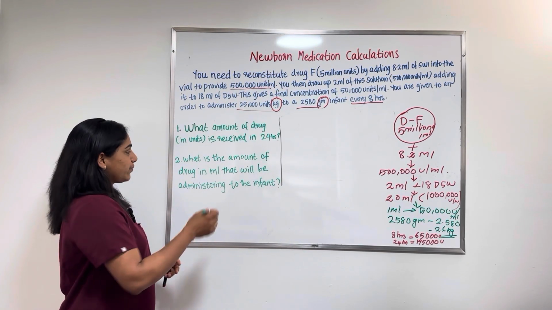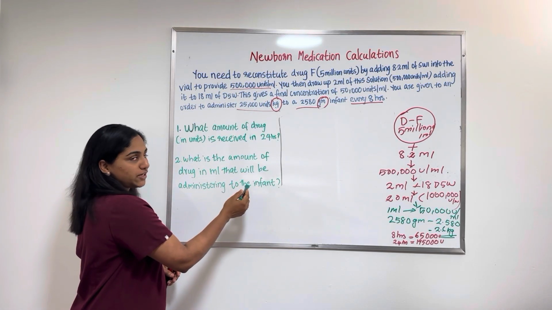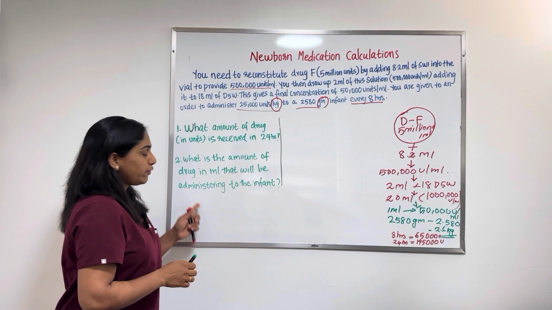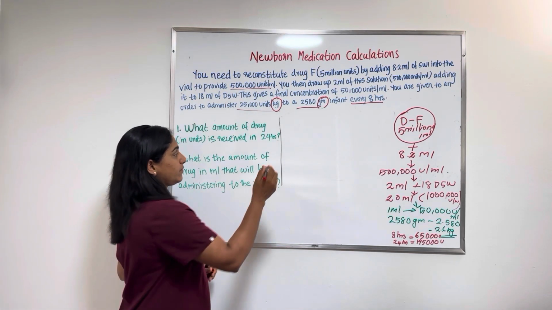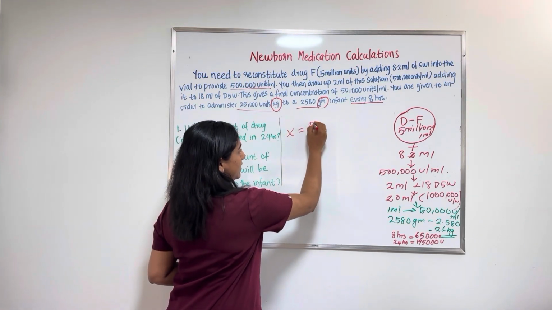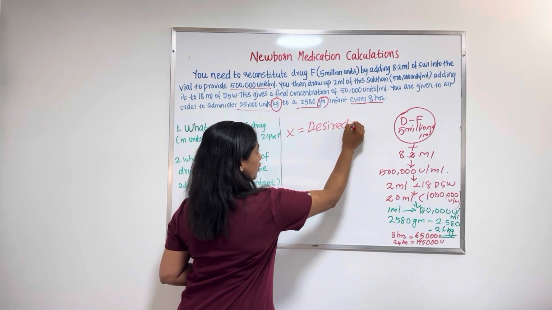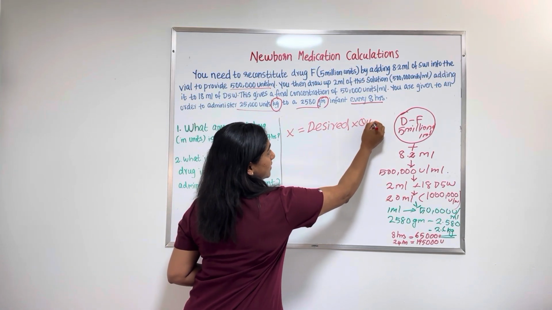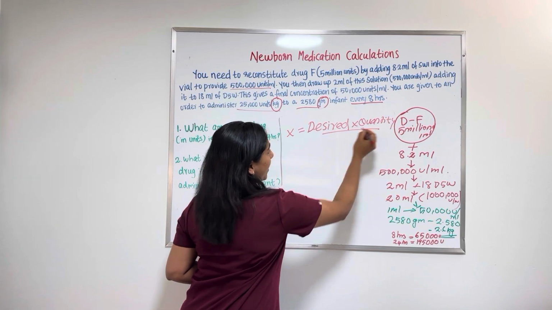Question number 2. What is the amount of drug in ml that will be administered to the infant? For solving this problem, you can use the formula X is equal to desired dose into quantity divided by have.